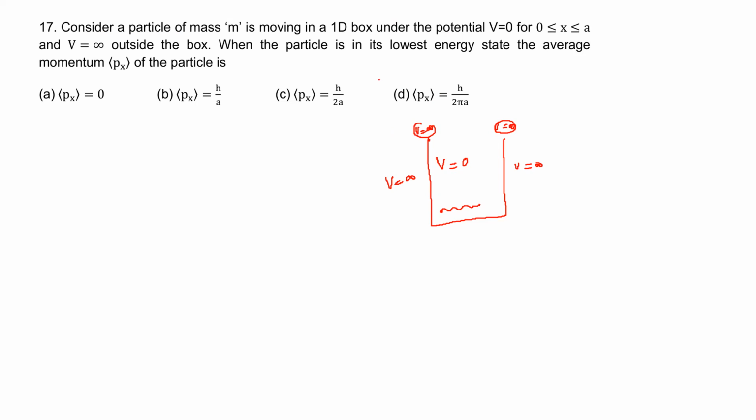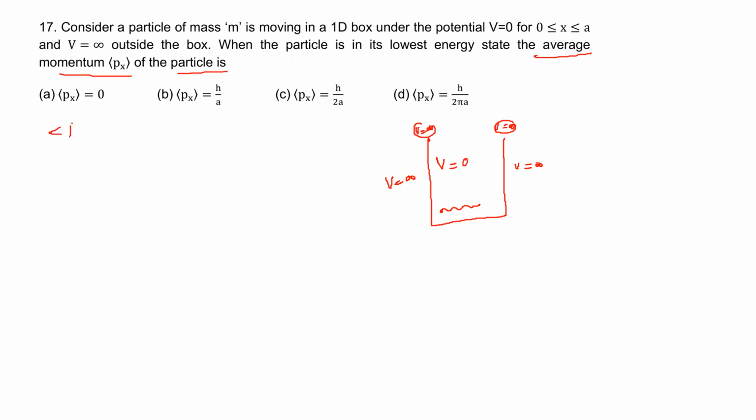So it is saying that when the particle is in its lowest energy state, the average momentum of the particle is, okay. So students, to solve this question, we need to use the expectation value of the momentum. We need to use a formula. Okay, so how to find out the average momentum px of the particle?